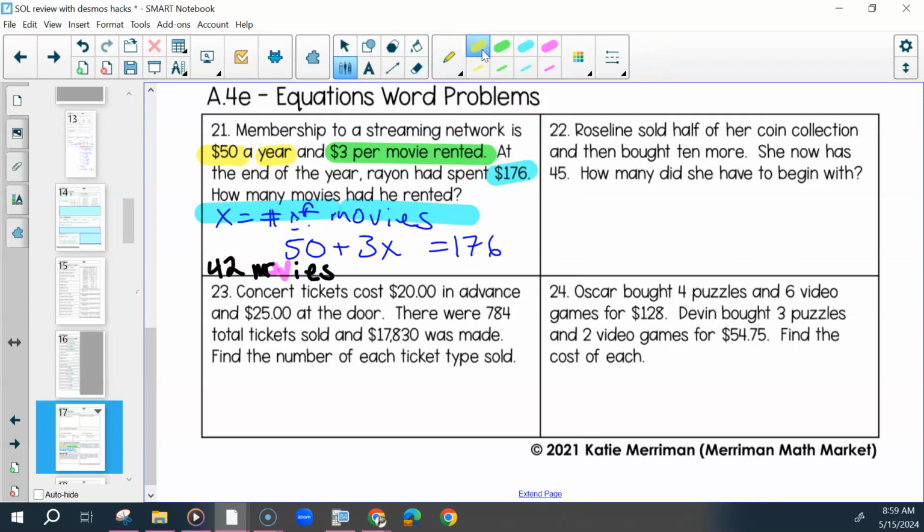So in 22, Rosaline sold half of her coin collection and then bought 10 more. She now has 45. How many did she have to begin with? So I'm going to call that x, how many she had originally.